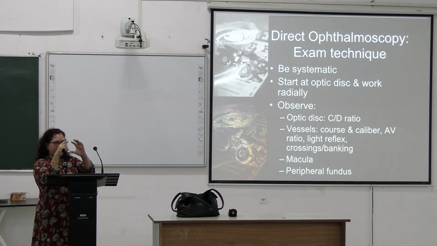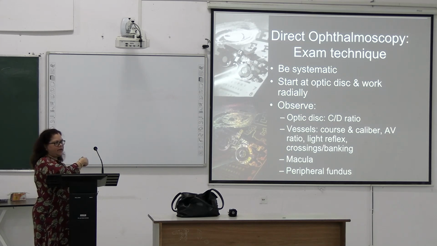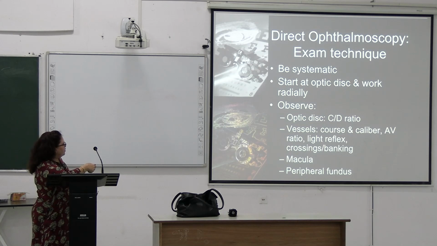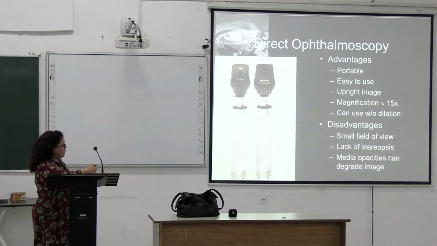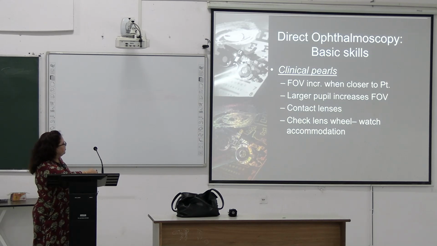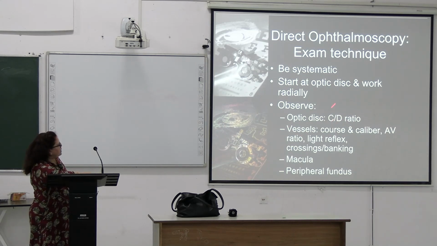First focus on the optic disc, then we gradually rotate and examine the surrounding part. First the optic disc is examined, and the center part is called cup. So we assess the optic disc and cup ratio, that is called CD ratio.